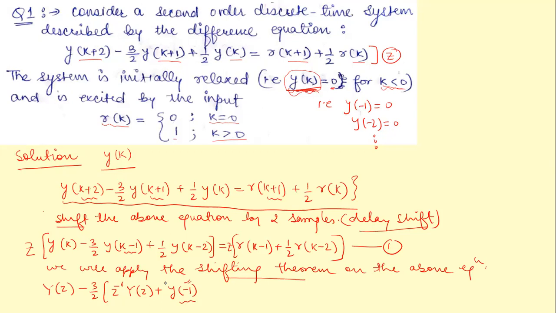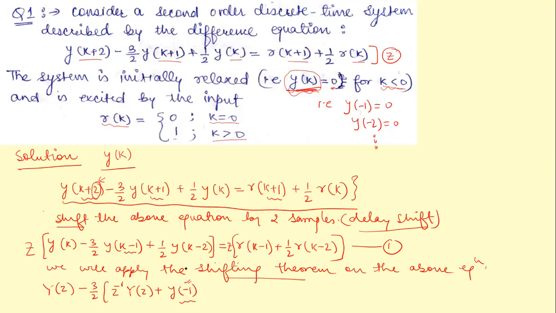In that case, we will get the positive values, the advanced values, right? But for those values, no criteria has been given here, and that is why we have shifted the given equation by two samples, right? Now why we have taken two samples is also a question, because the maximum advanced value that we have is two samples, right?